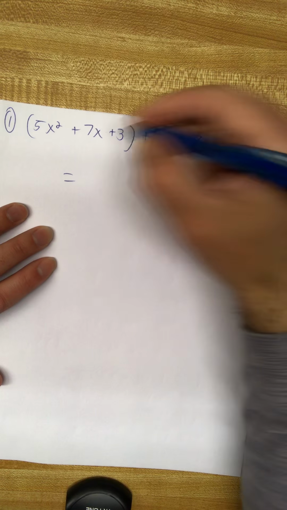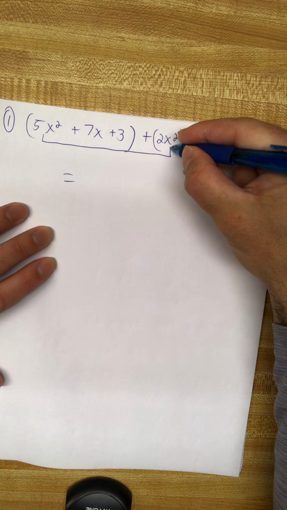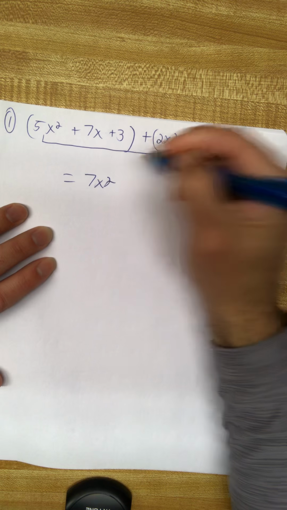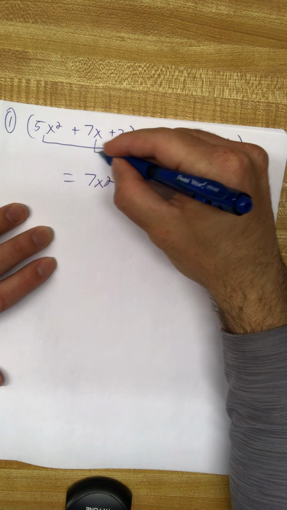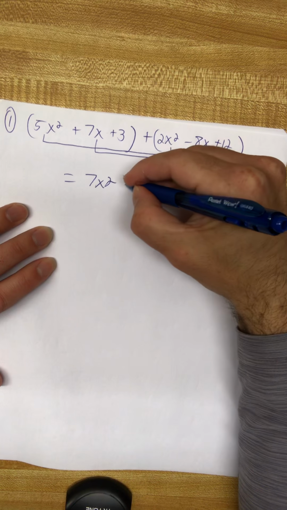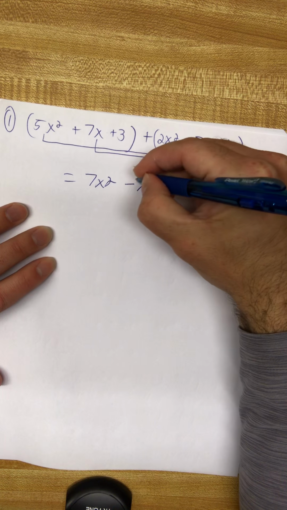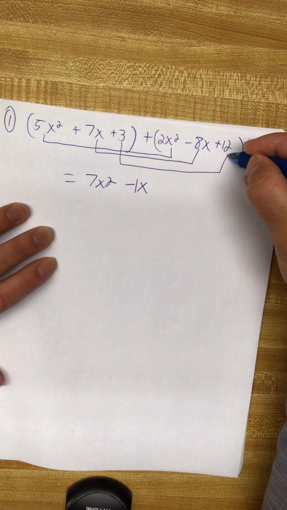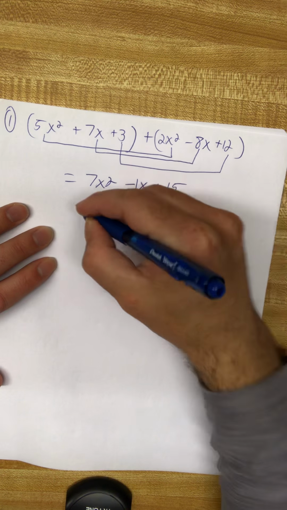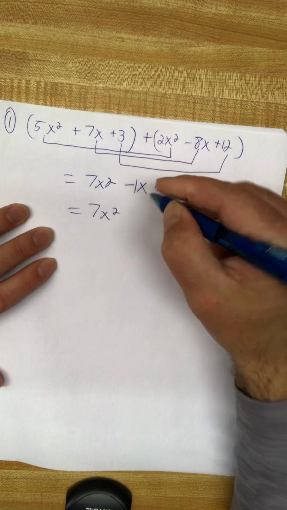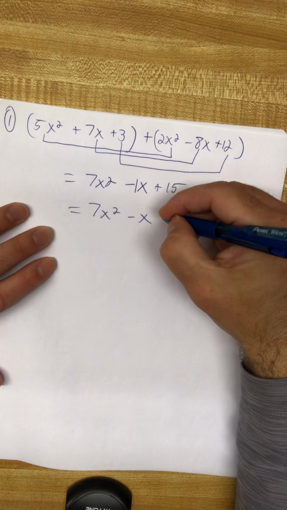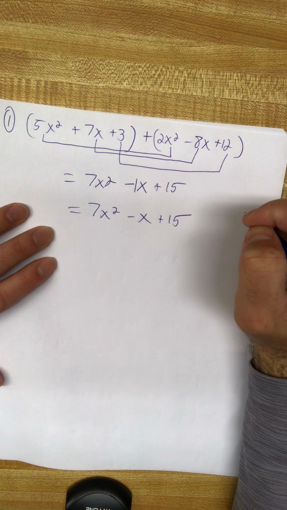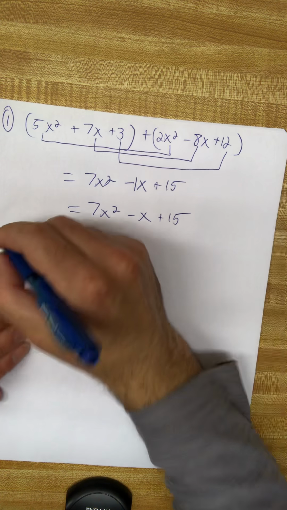To add those together, we add our x squared terms. 5x squared and 2x squared gives a total of 7x squared. 7x minus 8x will be minus 1x. We'll get rid of that 1 later. Then 3 plus 12 is 15. So the final answer is 7x squared minus 1x plus 15. Again, just adding and subtracting those coefficients.